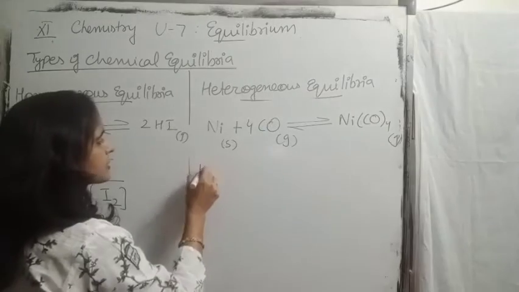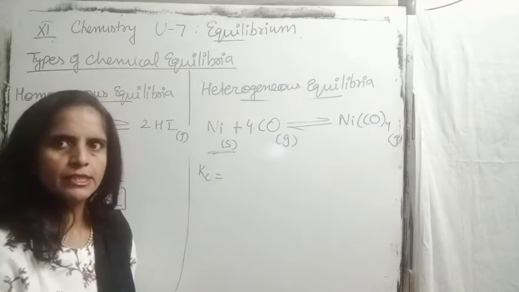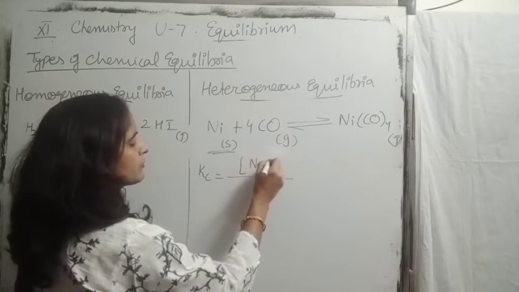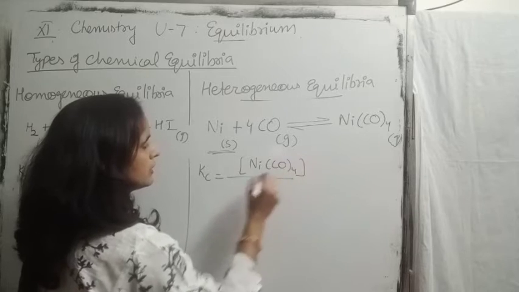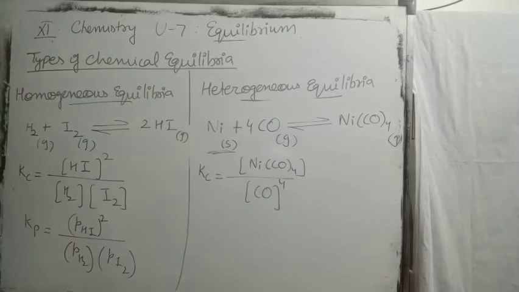Now when we express Kc, the molar concentration of solids remains constant. So we are only left with the molar concentration of nickel tetracarbonyl divided by that of carbon monoxide raised to the power 4.